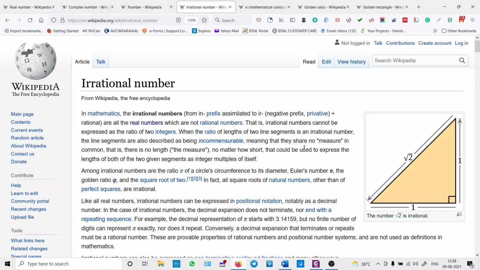Suppose A and B are two real numbers. If the ratio is not a rational number, then it is an irrational number. At that time we say the ratio of the two line segments is an irrational number, and the line segments are described as incommensurable.